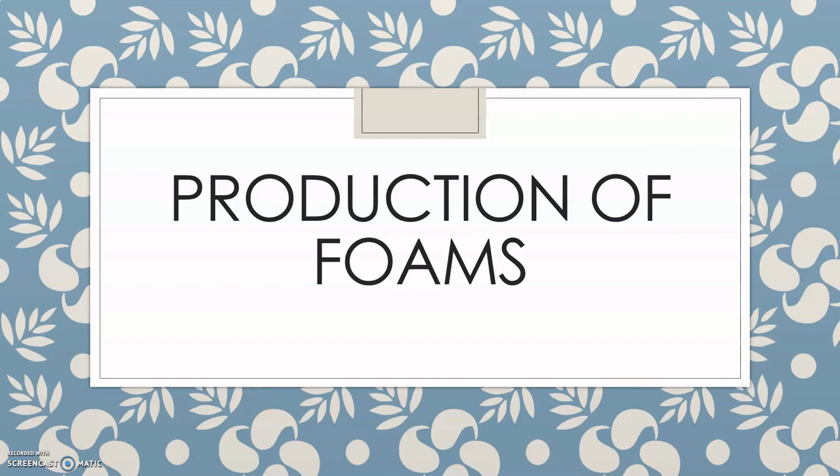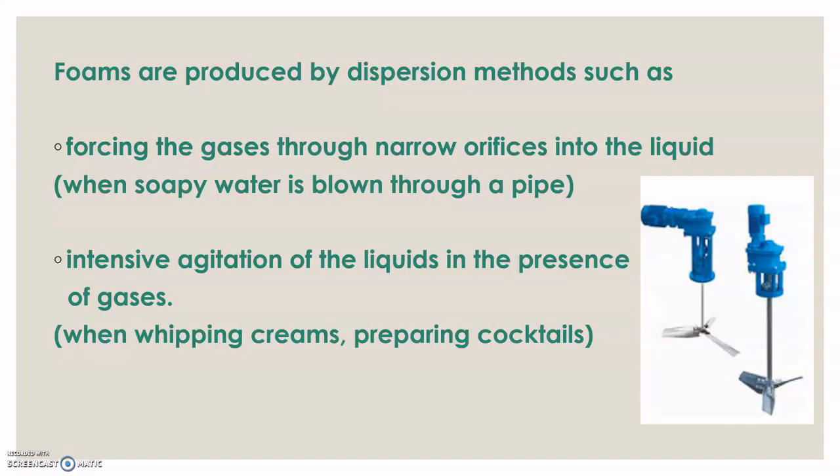Now let's see how foams are produced. Foams can be easily produced by dispersion methods, like forcing the gases through a narrow capillary into a liquid. The best example is forming bubbles in soapy water through a straw or a pipe.